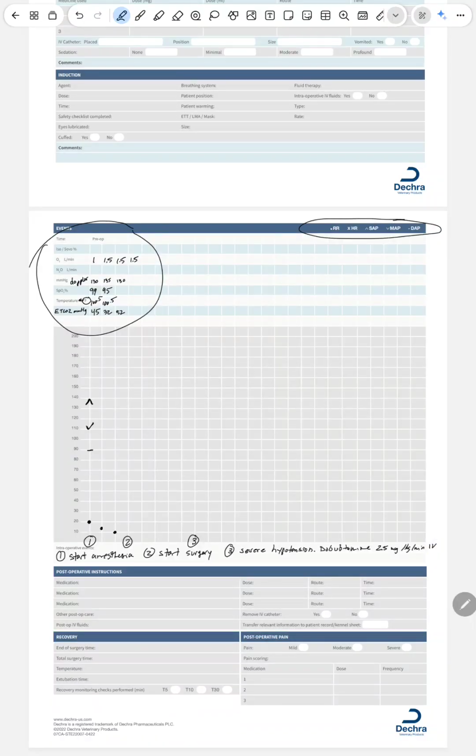And you can write all of that in your intraoperative events line. And just make that function and work out.